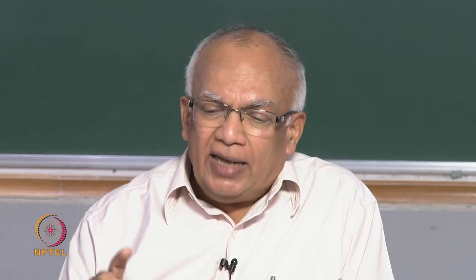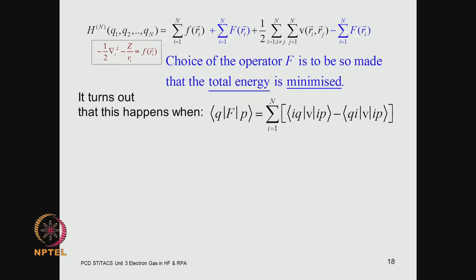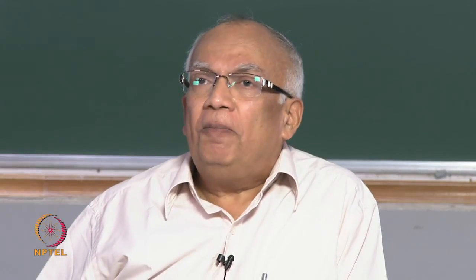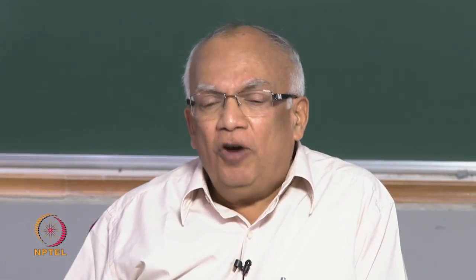So that state becomes phi 0. If phi 0 is not the best wave function which minimizes the expectation value of the Hamiltonian, then the best wave function would be phi 0 plus some mix of phi q. That mixing coefficient I propose is epsilon.